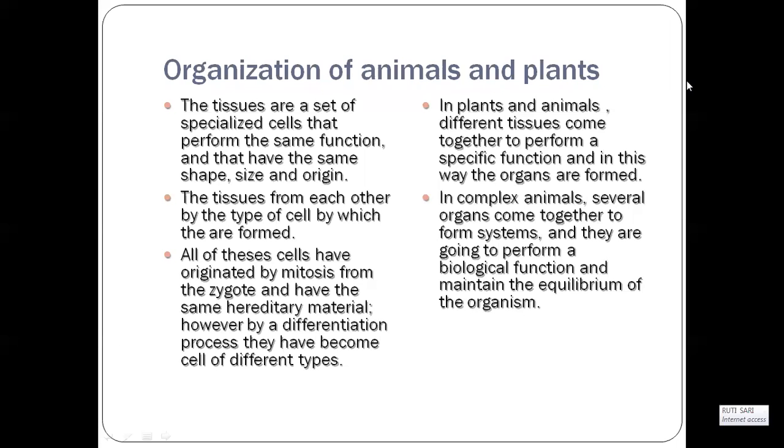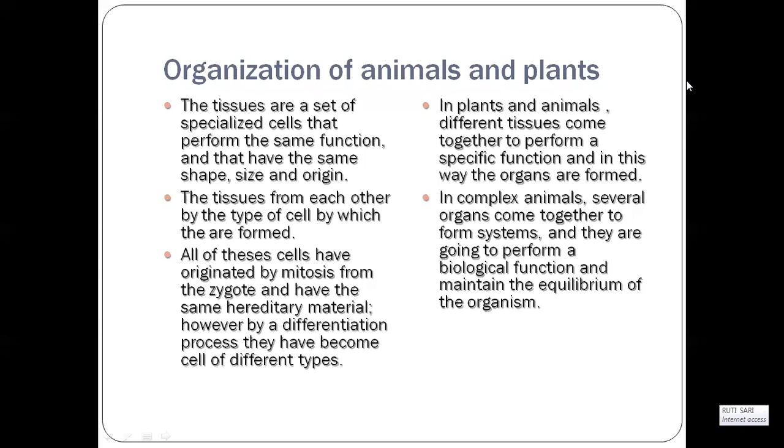If you remember, we have a designer who created everything with a perfect design. And the tissues here, we are going to see again: tissues, organs, and organisms. The tissues of animals, then the tissues of plants, and the tissues that make up the different organs of the plants.